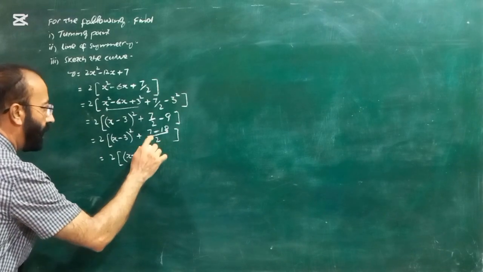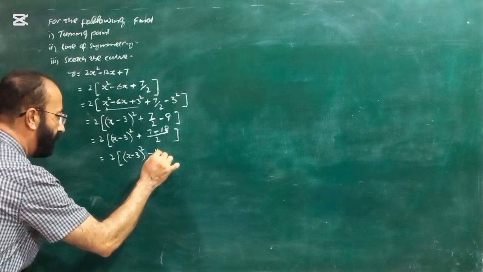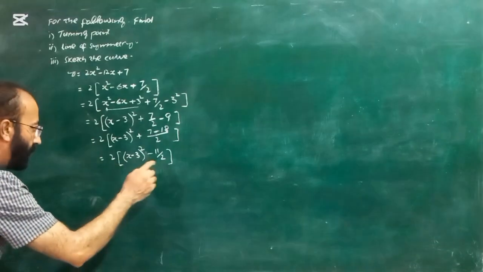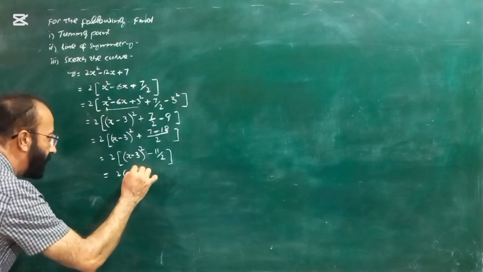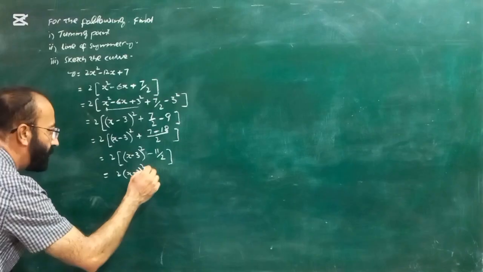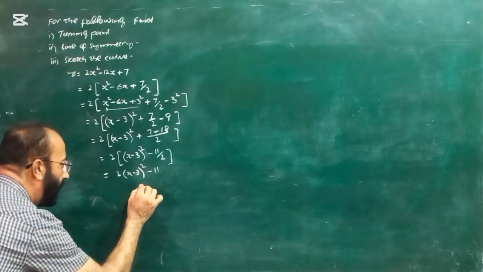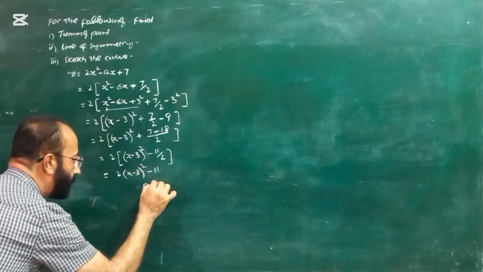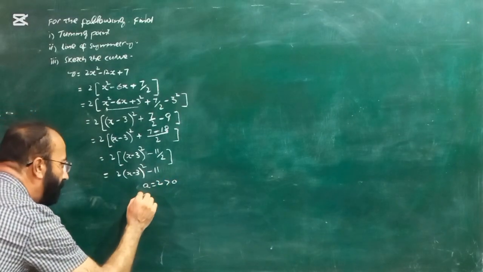So 7 - 18 is minus 11, so minus 11/2. Multiplying the 2 inside the bracket, it becomes 2(x - 3)², and when this 2 is multiplied with this one, the 2 will cancel and minus 11 will be the remainder. As a is greater than 0, because a is 2, which is greater than 0, the point will be a minimum.